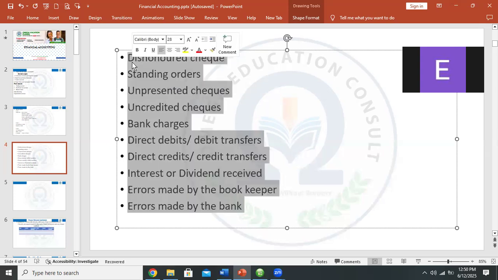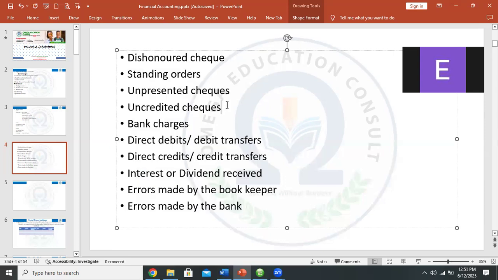Now, you need to remember these causes because when you are reconciling the two balances, your focal point will be these causes. Now, professors, listen to me carefully. If there is a disagreement between the cash book balance and the bank statement balance, what you have to do is in twofold.